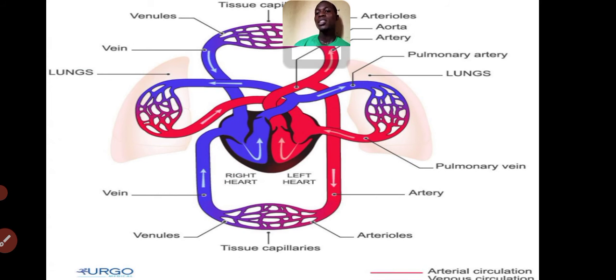This is the circulation process, and as we can see, tissue capillaries are very tiny vessels, and our capillaries are there to separate oxygenated blood from deoxygenated blood.